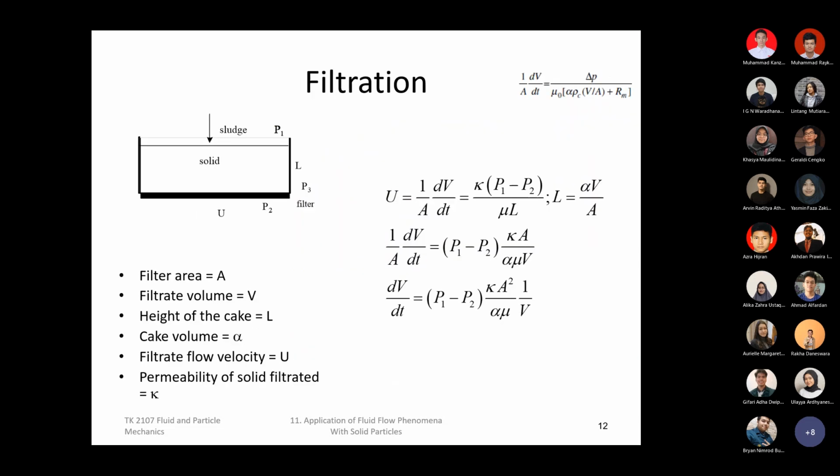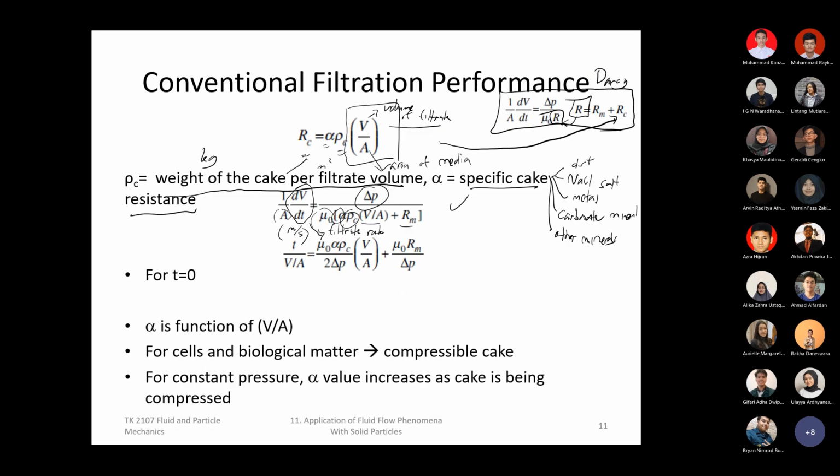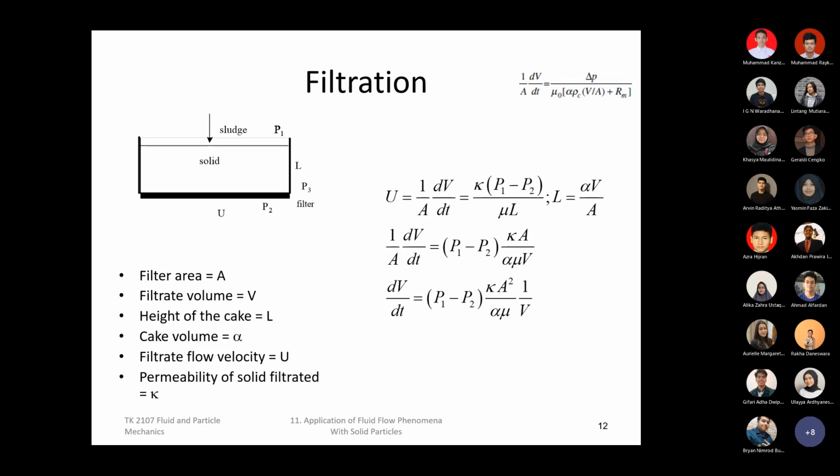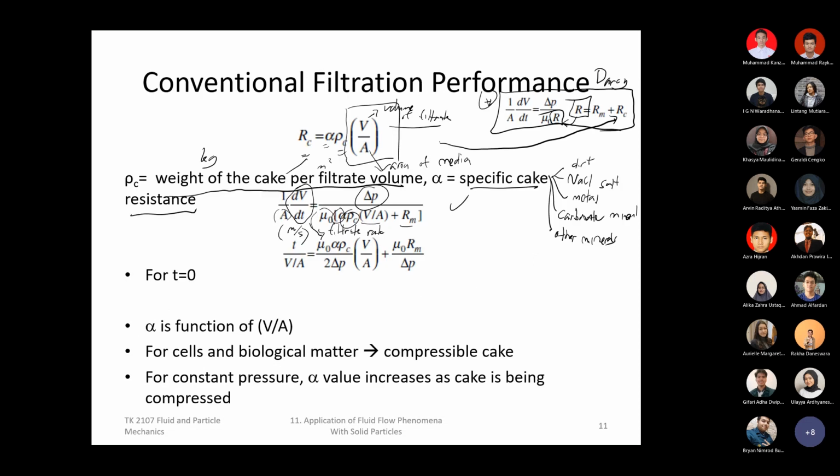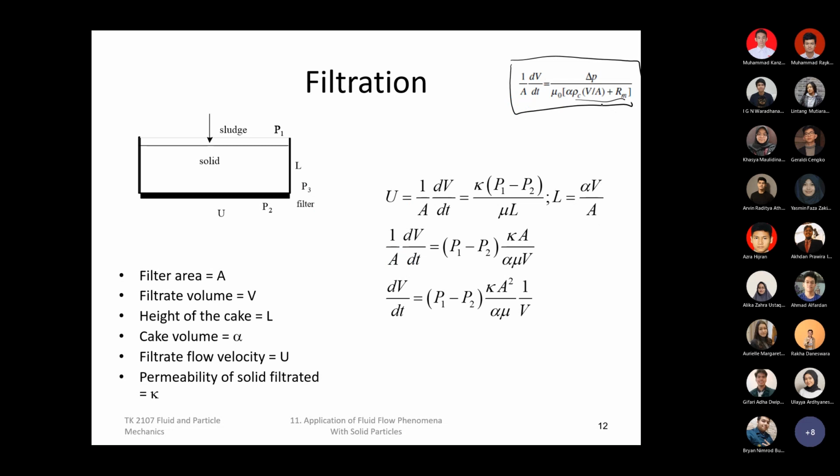Okay, I will continue then. Again, I will still start from this Darcy equation. So that's our Darcy equation: 1 per A dV dt equal to delta P per mu alpha. Initially that's the overall R, or resistance.